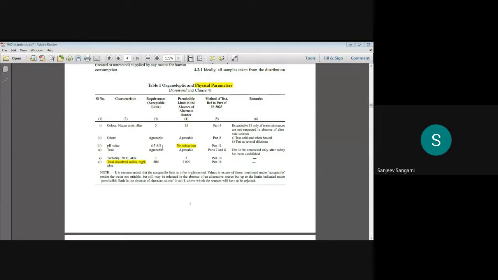For example, turbidity, what should be the limit? If it is more turbid, how is it going to affect our human health? Based on that we have to decide what the limit will be. If that value is not affecting our body, then it is fine and agreeable. Based on that they are going to make it.